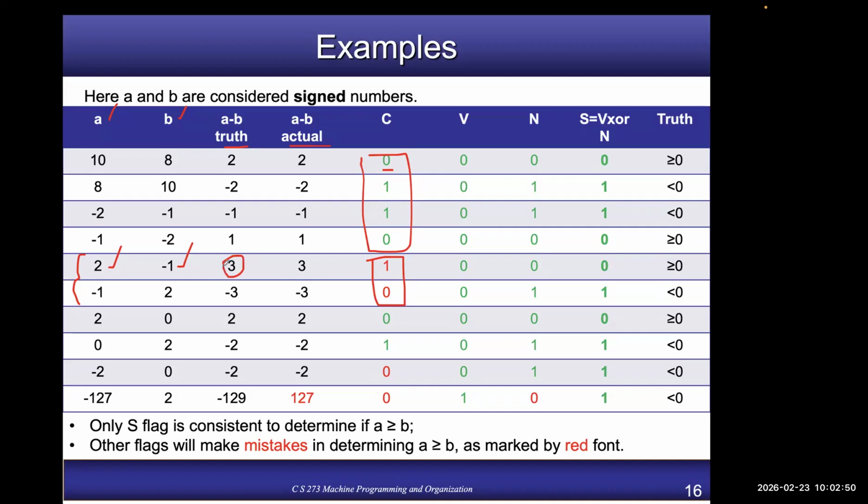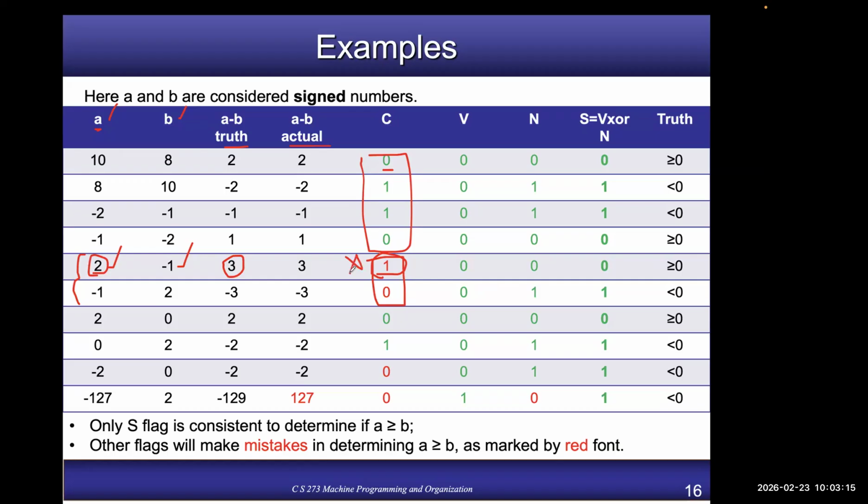The result is positive. So when I compare, A is greater than B, but the carry flag is set. If you remember from the previous lecture, if the carry flag is set, it means that A is smaller than B, which is not true. A is greater than B, right? So we cannot trust the carry flag.